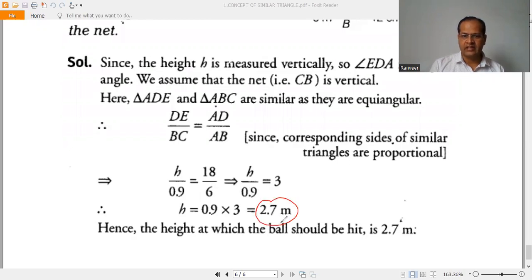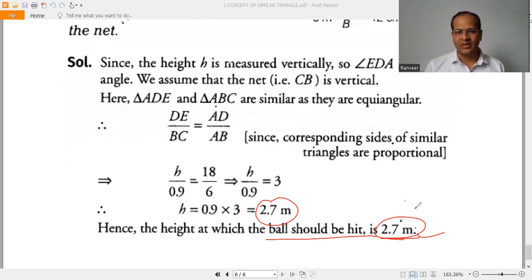So the value is 2.7 meters. So the height at which the ball should be hit is 2.7 meters. This is the answer. I hope the similarity of triangles and similarity of polygons is crystal clear for all of you. Thank you.